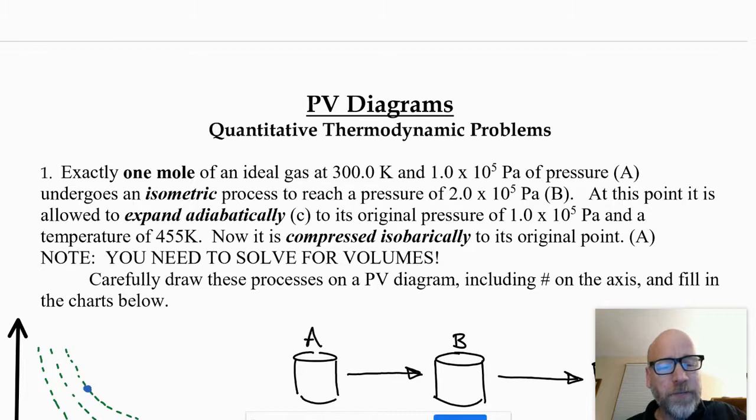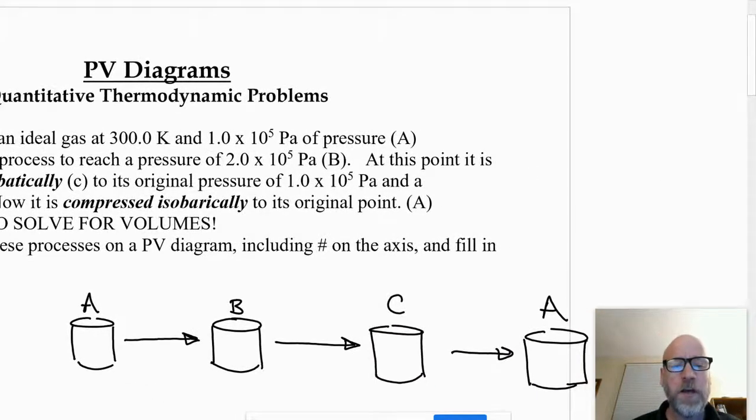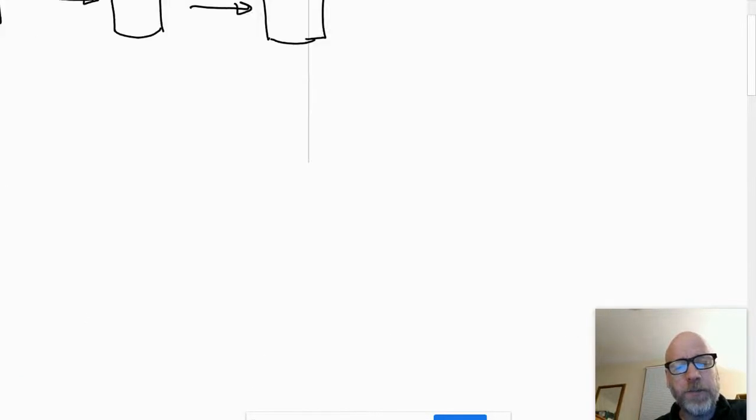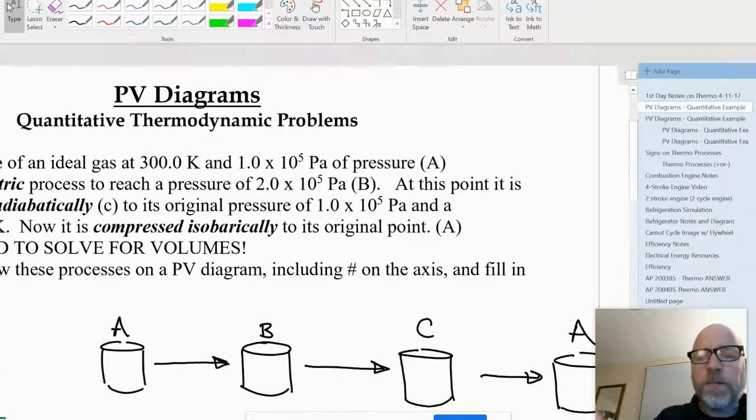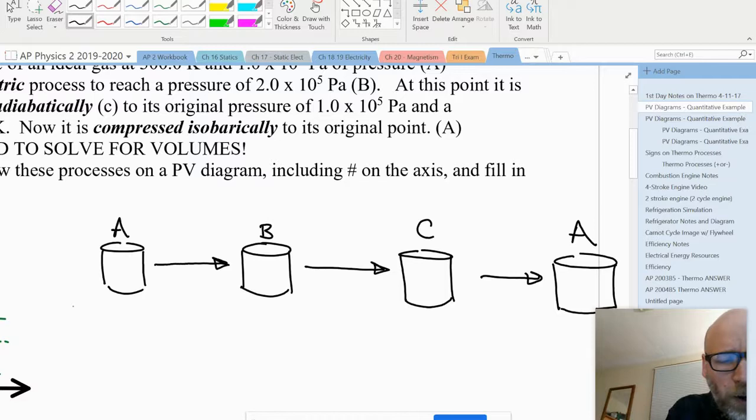So you know what I do? First things first, I organize my information. The process went from A to B to C, back to A. So let's look at what information I know at each point. So if I think about what is available in this question, pressure 1 was at 1 times 10 to the 5th pascals.